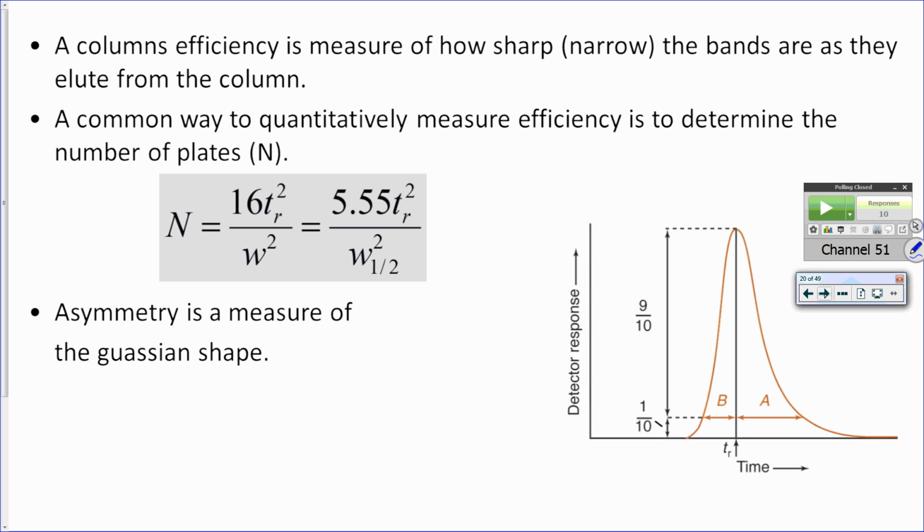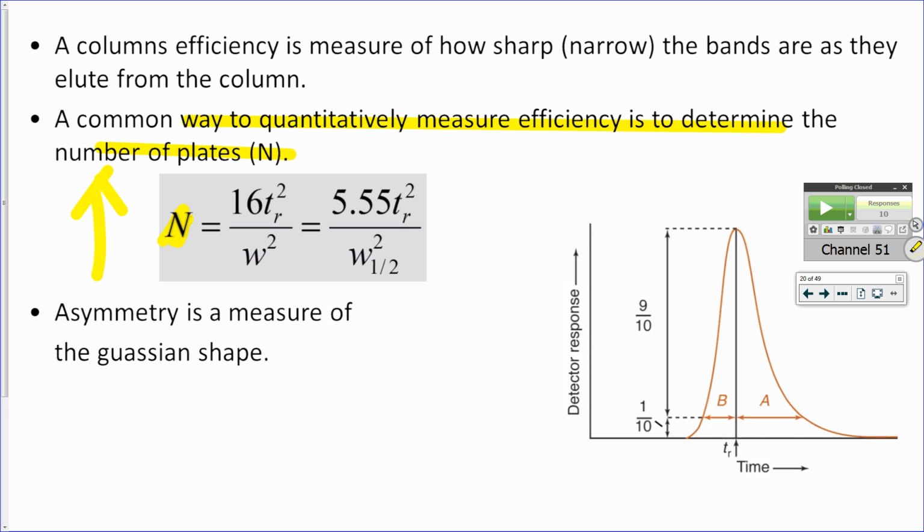All right, and efficiency is another measure of simply how sharp your peaks are. The way that we typically represent that is a term called plate count. So plate number is a quantitative measure of how sharp your peaks are. We define this as the number of theoretical plates, and our goal is to have this number maximized, as high as possible.